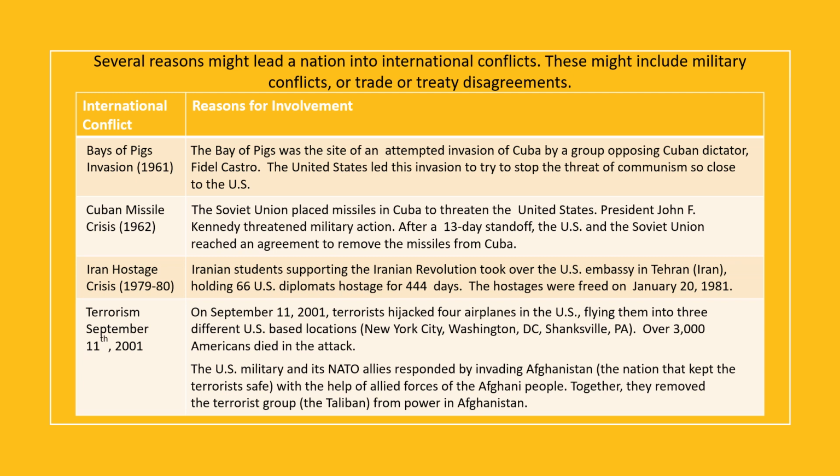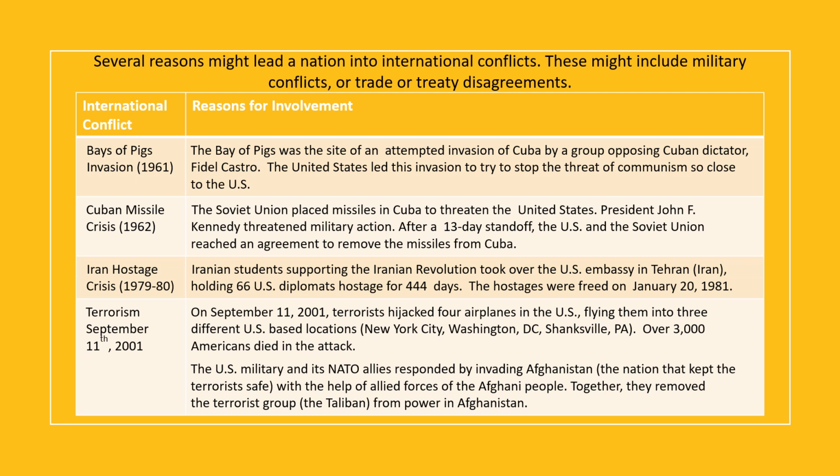And so, consequently, protecting U.S. interests also included focusing on trying to keep Cuba and Cuba's dictator from harming the United States, and one of the outcomes of this concern was an attempted invasion of Cuba by a group opposing Fidel Castro.